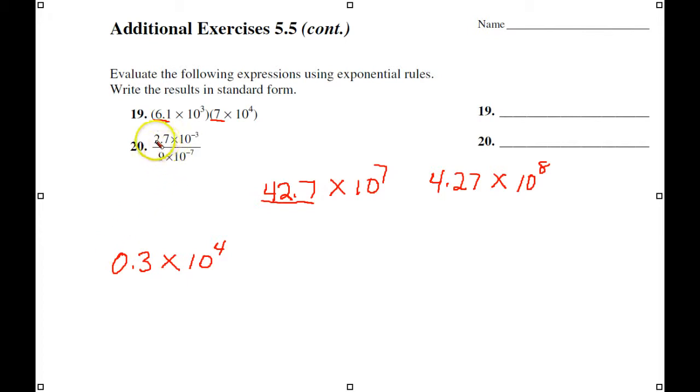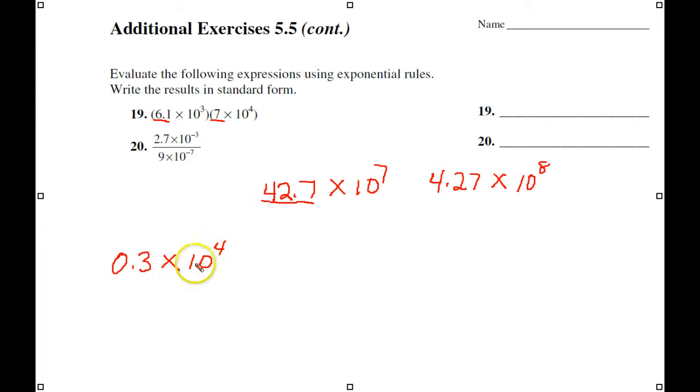Now again, when I take 2.7 and divide it by 9, I get 0.3. And when I bring up this negative 7, it becomes a positive 7. And then I do the subtraction. Negative 3 and a positive 7 gives me a 4.